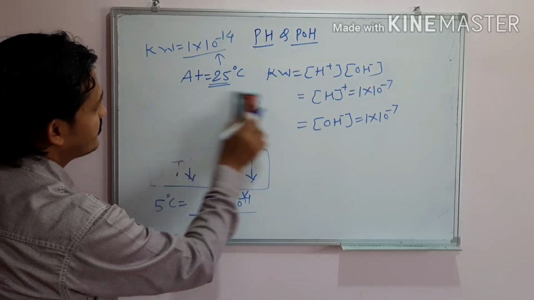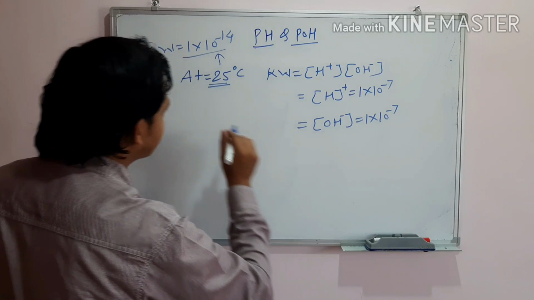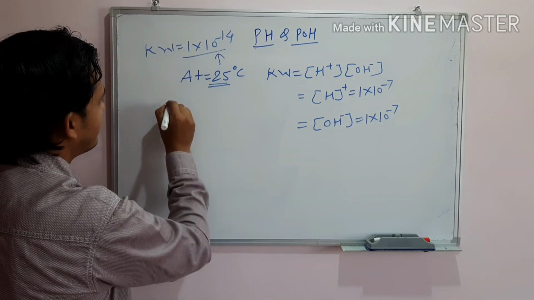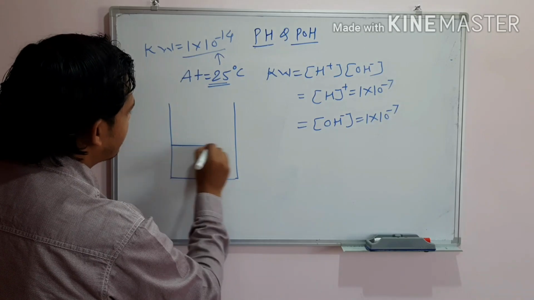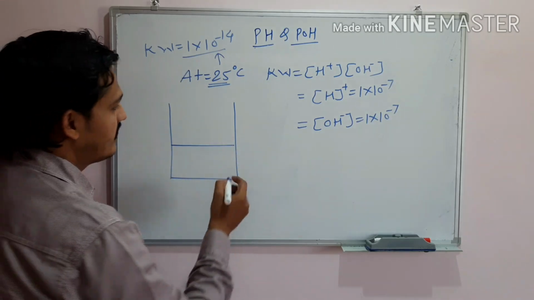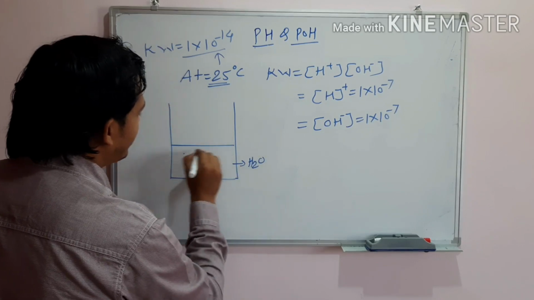Then Sorensen performed his study at 25 degrees Celsius, where he got confused regarding expression. He took a beaker and added water to it.